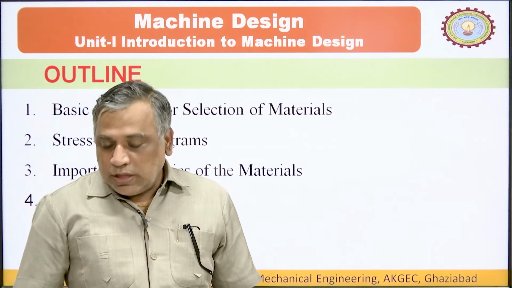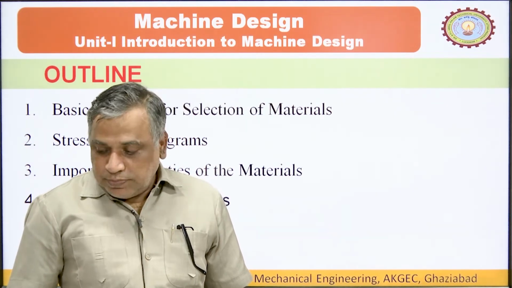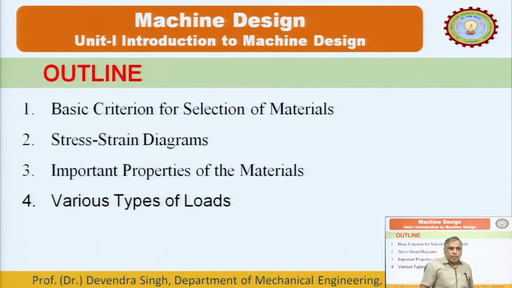The outline of this lecture is, first, the basic criteria for selection of materials. We touched on these in the last lecture, and today we discuss them in a little more detail. Then we will discuss stress-strain diagrams and what information and inferences you can get from them. आप स्ट्रेस स्ट्रेन डायग्राम देख के क्या पता लगा सकते हैं, उस बारे में कुछ बातें करेंगे.